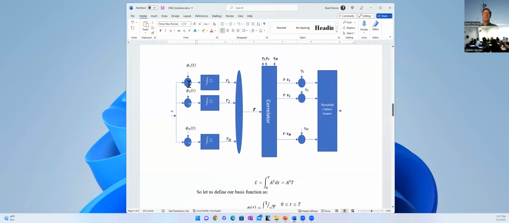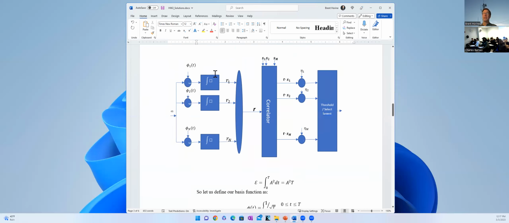So this is the full-blown correlation receiver. We're taking this received signal and multiplying it by these basis functions. In this case, it's much more trivial than this.